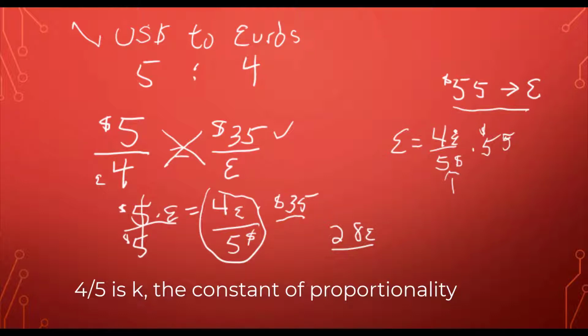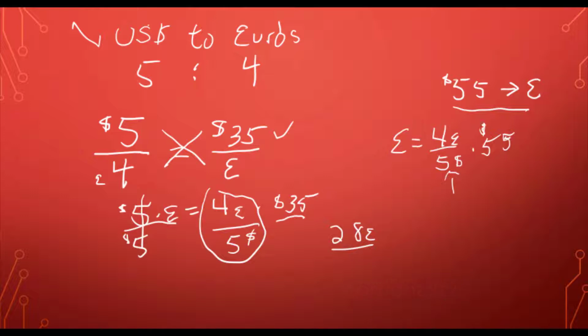Notice also how these units work. This is euros over dollars times dollars. So the dollars are going to cancel just like a fraction, and I'm left with euros. So 55 divided by 5 is 11. 11 times 4 is 44. So $55 equals 44 euros. Now I'll show you why it is convenient to know this, which is also called K, the constant of proportionality.